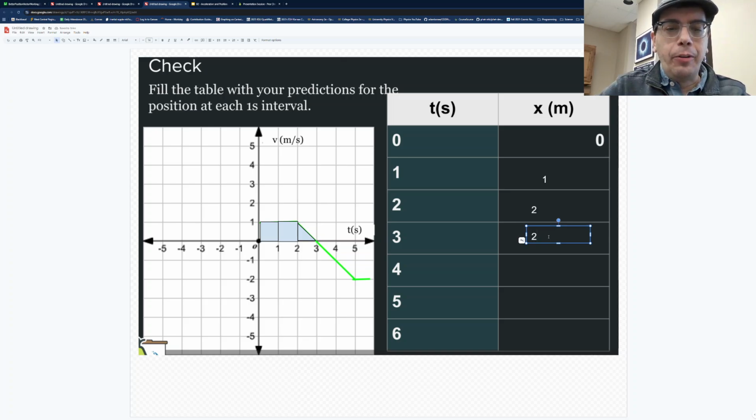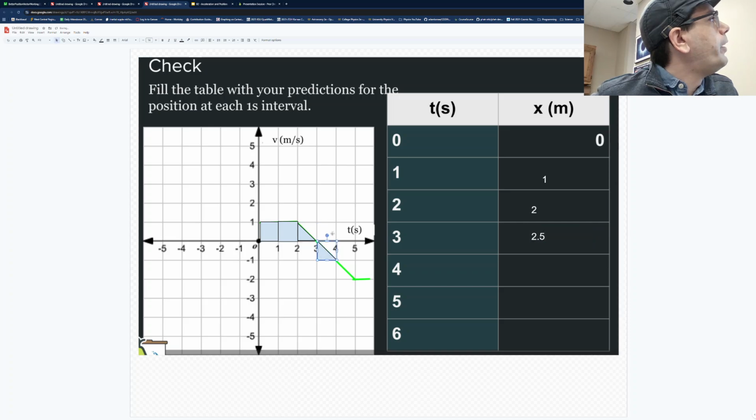I'll do the next one with you and then have you finish it on your own. So between 3 and 4 seconds, I don't know if it's going to like doing it this way. I'm going to rotate it so it'll fit the way I want.